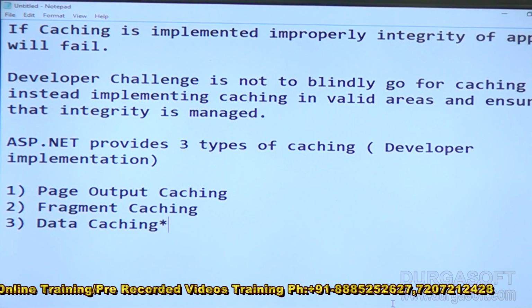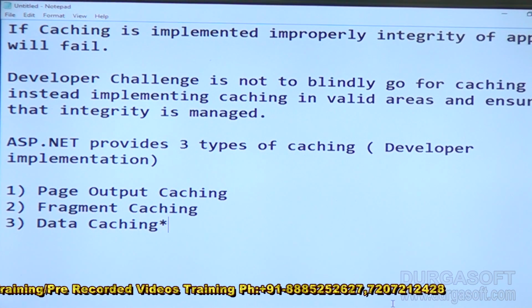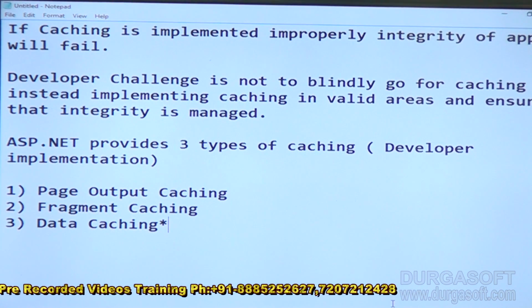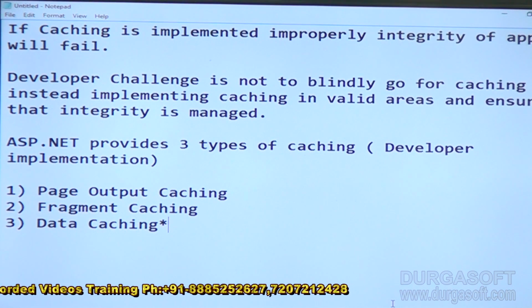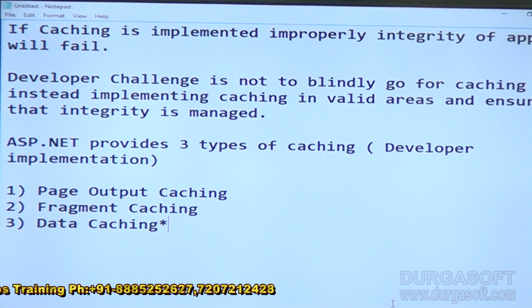Practically all are useful, but where you really want to be better in integrity and all aspects, data caching is more good to use.